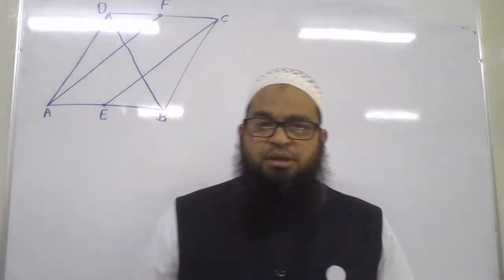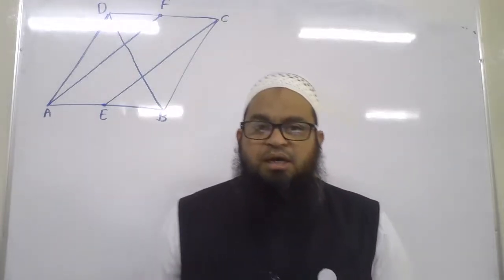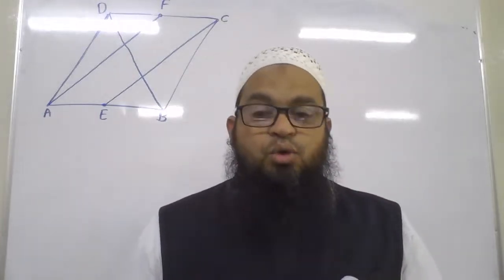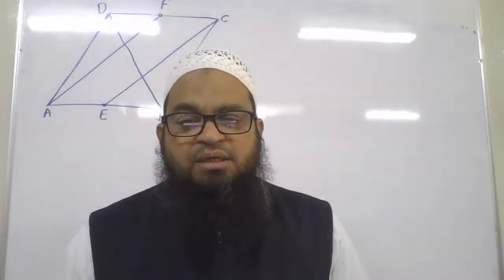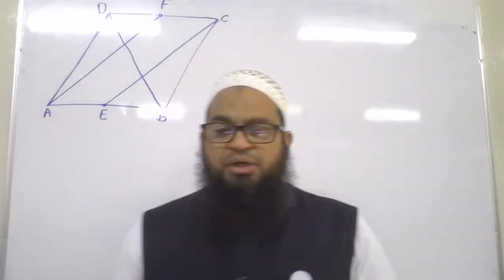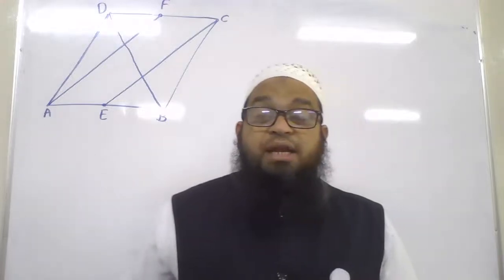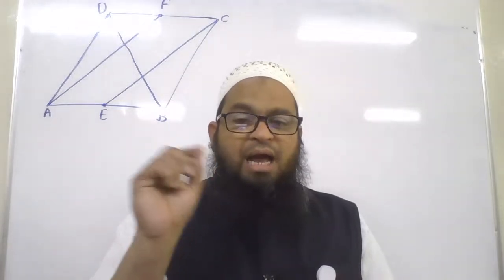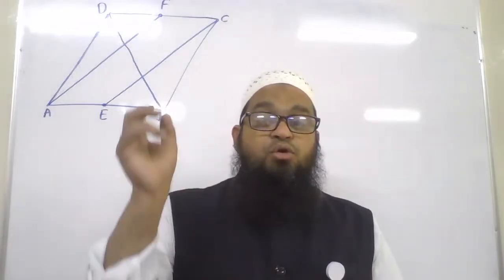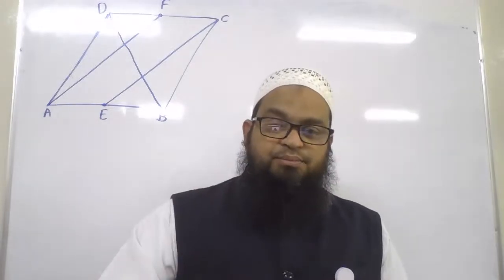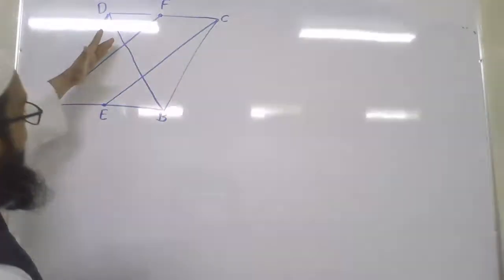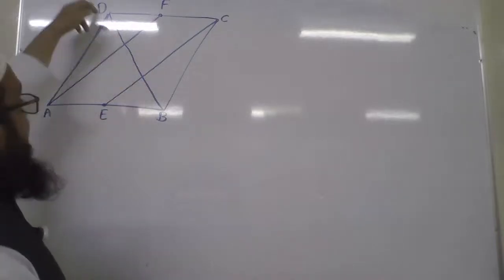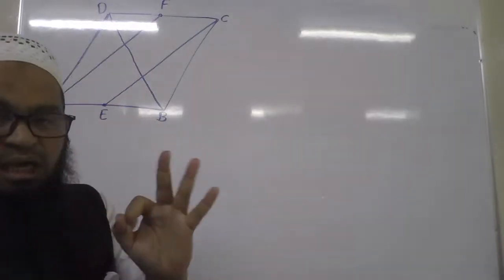My dear students, bisect means divide it into two equal parts. Now what is trisect? Very good, Sri Ram. Divide it into three equal parts. So that means AF and EC divide BD into three equal parts.